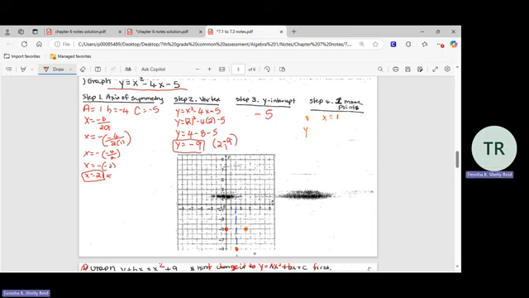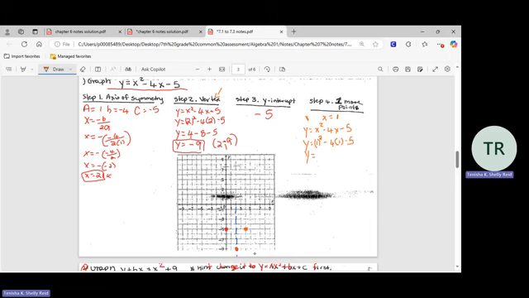So y is equal to x squared minus 4x minus 5. And it's going to be very similar to what I'm doing for the vertex, only now my x I picked from the graph as my domain. So y is equal to 1 squared minus 4 times 1 minus 5.